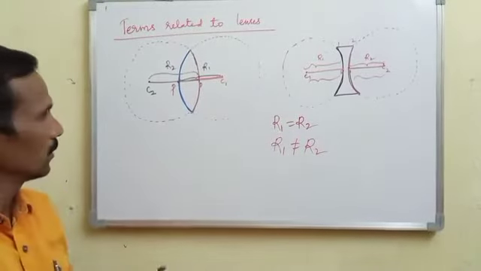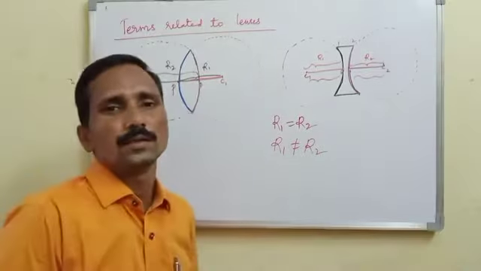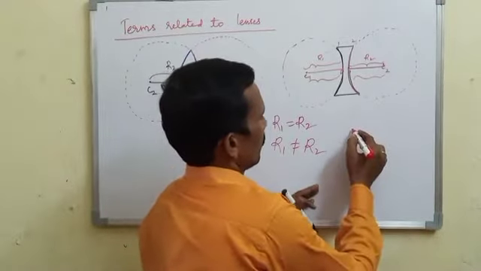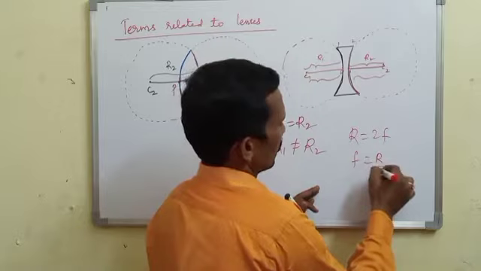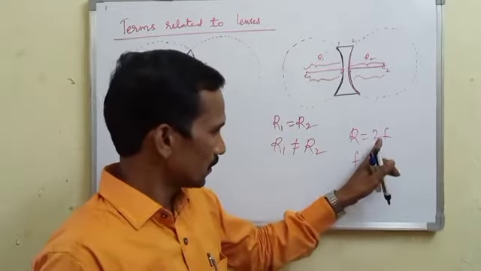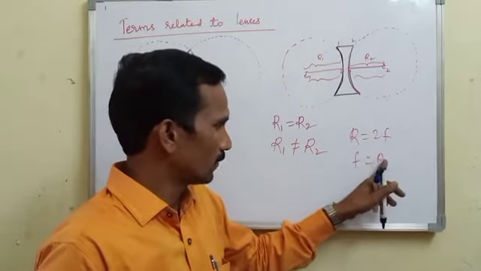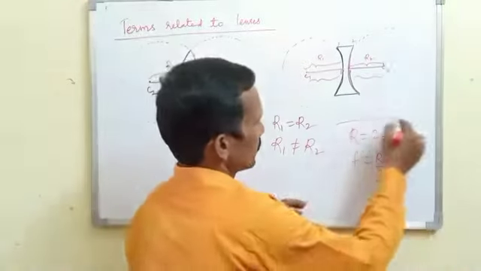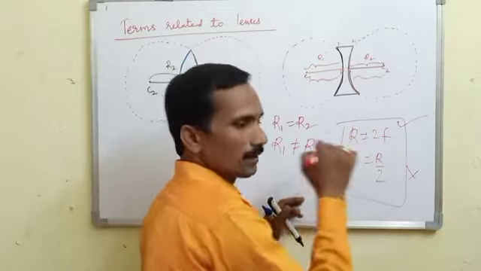For both lenses, the radii of curvature may or may not be equal. That's why, in mirrors, we know R equals 2f, or f equals R by 2. The focal length is half of the radius of curvature in mirrors. But in lenses, it may or may not hold; it may be equal or not equal.